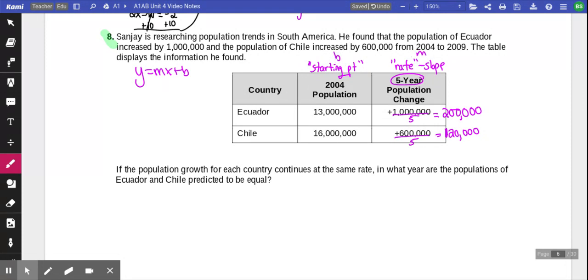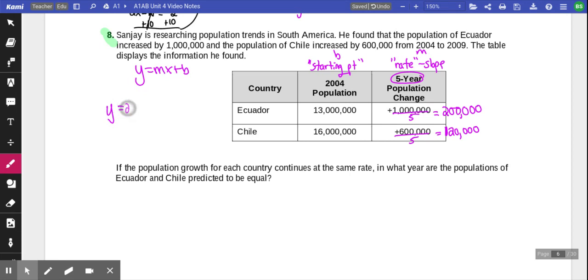So we could write this as y is equal to 200,000 x plus 13 million. Where Chile's would be y is equal to 120,000 x plus 16 million.